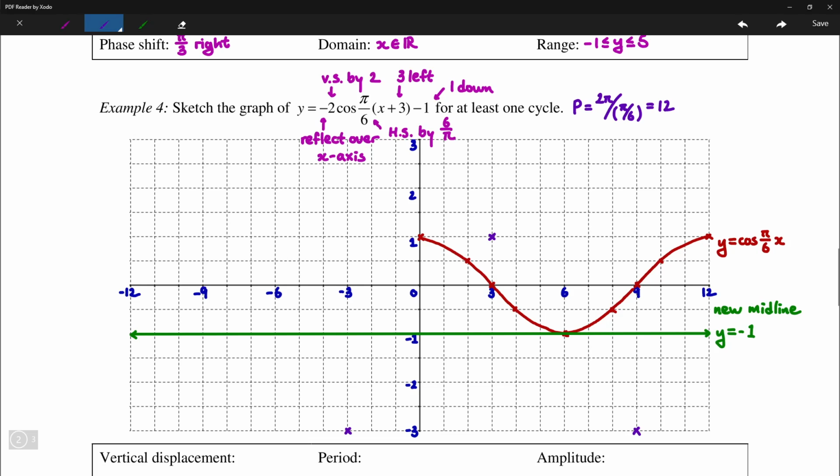And then the first quarter between -3 and 9, we'll have 0. And at the first quarter, the graph will intersect the midline, and also at the third quarter over to the right hand side. And so from there, we can also construct some additional guiding points to complete the graph.